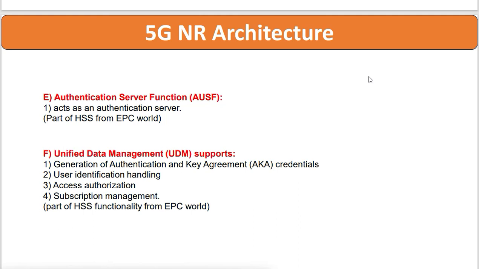It acts as an authentication server, and it is the same as HSS, home subscriber server, of the EPC world. Next is UDM, Unified Data Management. It supports generation of authentication and key agreement credentials, user identification handling, access authorization, subscription management, and it is the same as HSS functionality from the EPC world.